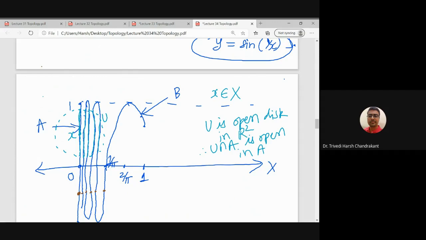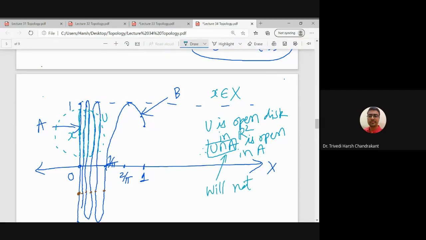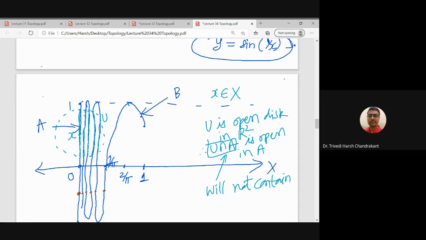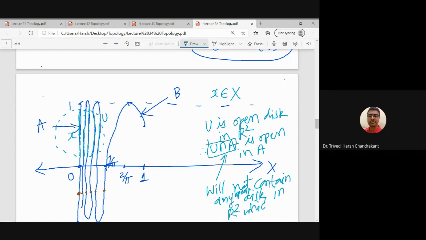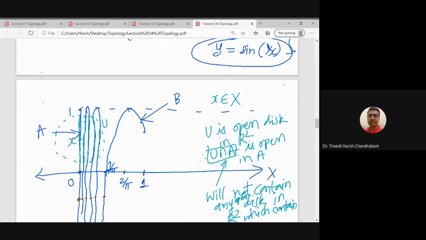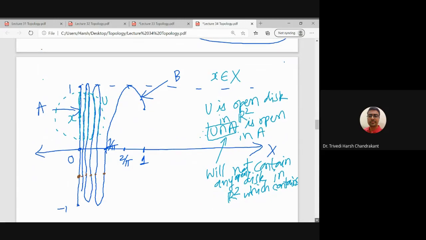And now we can see that if what I have drawn is all these points, U intersection A will not contain any open disk in R2 around x, which contains the point x.